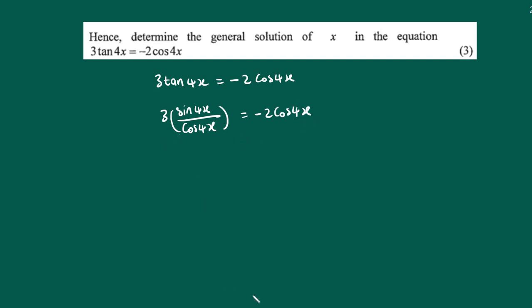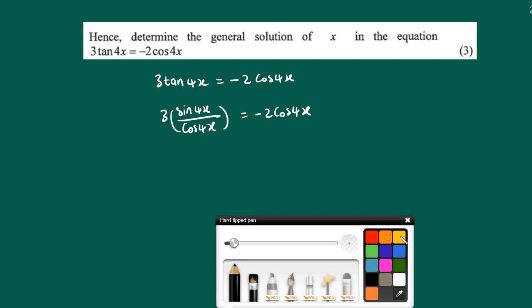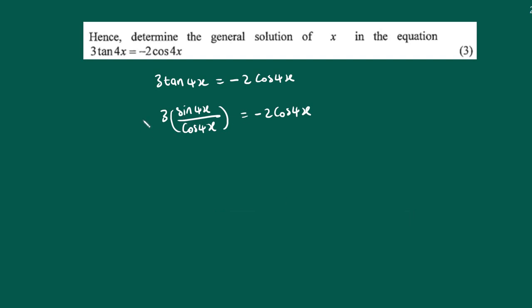Right, then what can you do? My motto: if you have a denominator, try to multiply both sides by the denominator. So you would multiply by cos 4x. It's going to be a nice one.